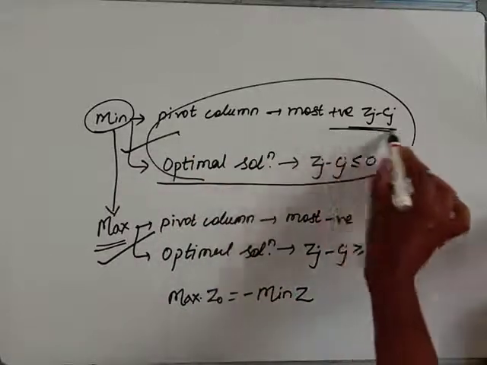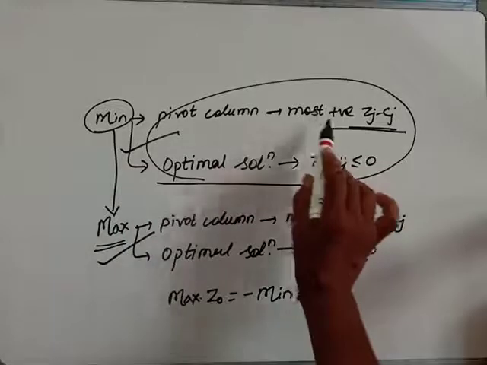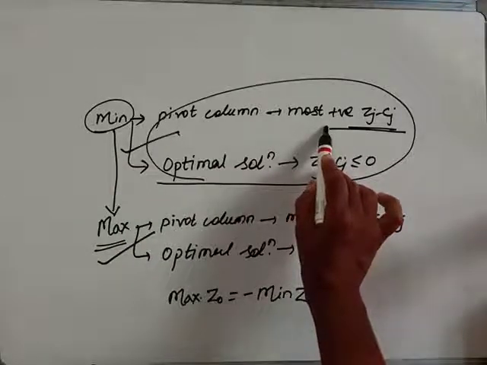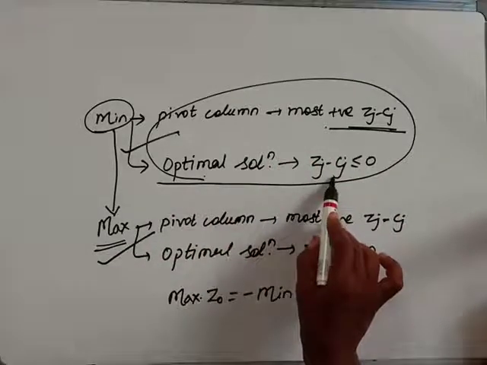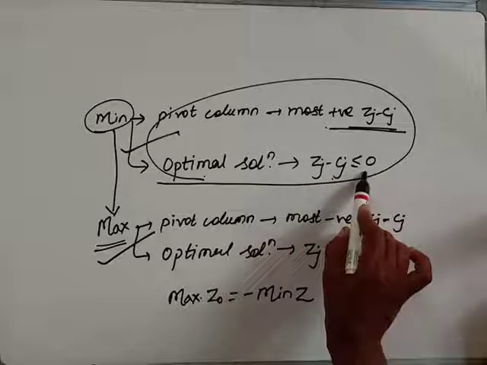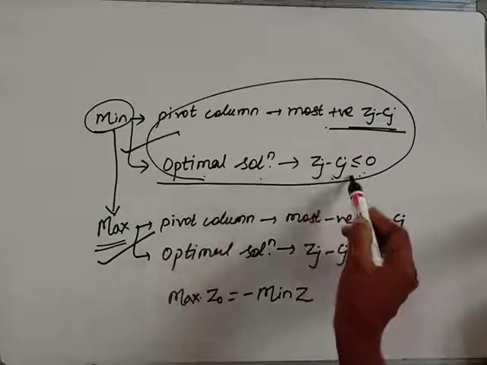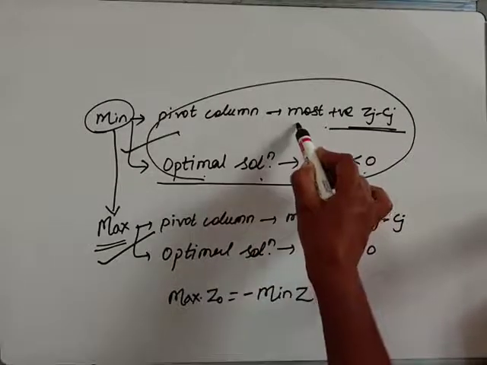Here we use these conditions: for the pivot column we look for the most positive Zj minus Cj, and for the optimal solution all Zj minus Cj should be less than or equal to 0. If this is satisfied, we get the optimal solution. If not, we have to improve the table using the pivot column, pivot row and pivot element.